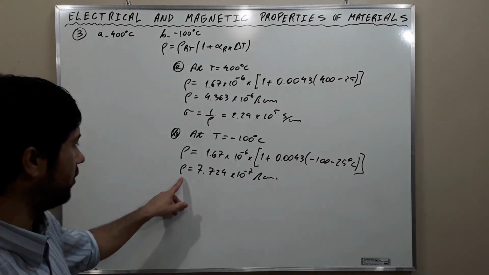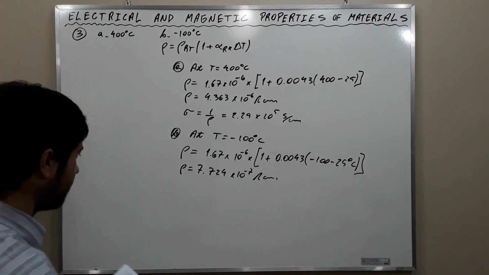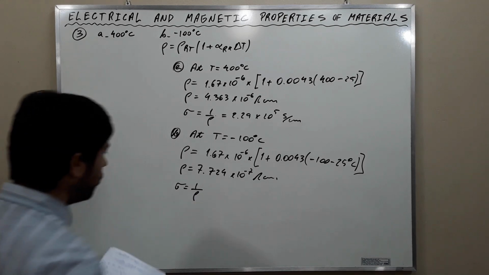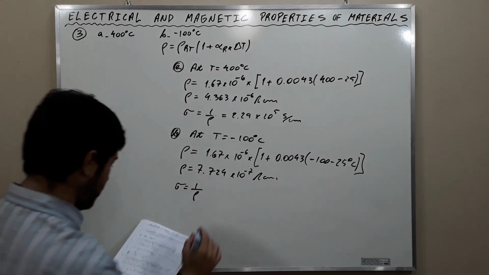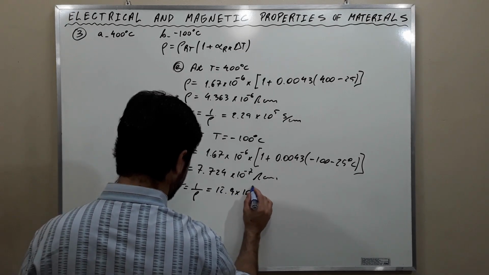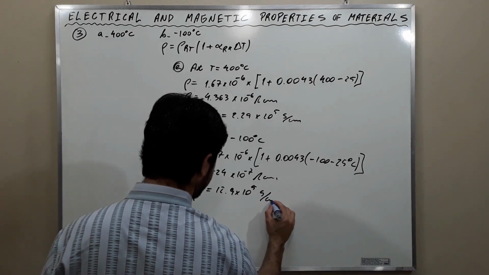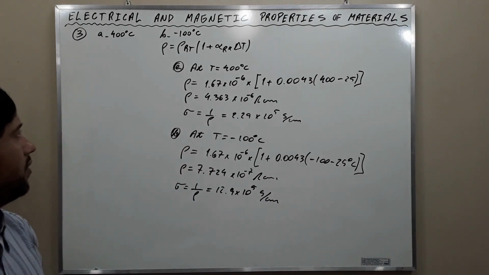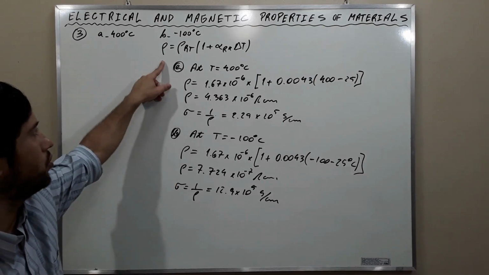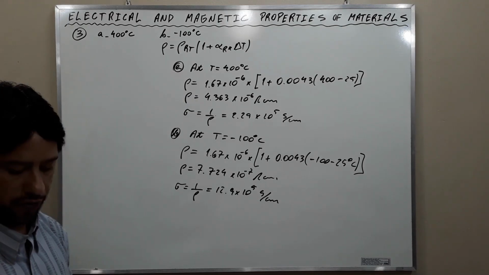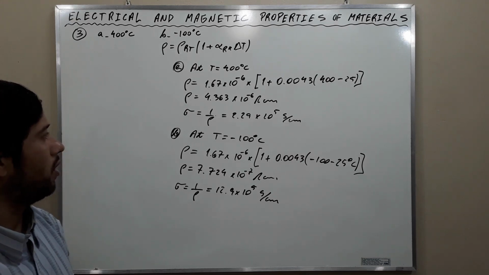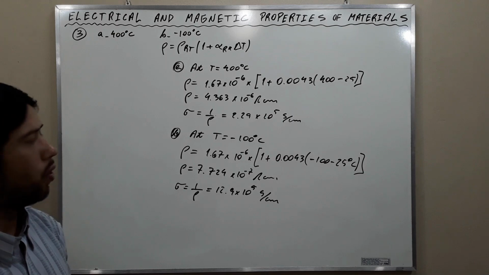And if we invert this, we find the conductivity. The conductivity is therefore 1 over rho, which is 12.9 times 10 to the 5th Siemens per centimeter. Okay, my friends, this is how we calculate conductivity using the expression of resistivity when we want to assess the resistivity of one material.